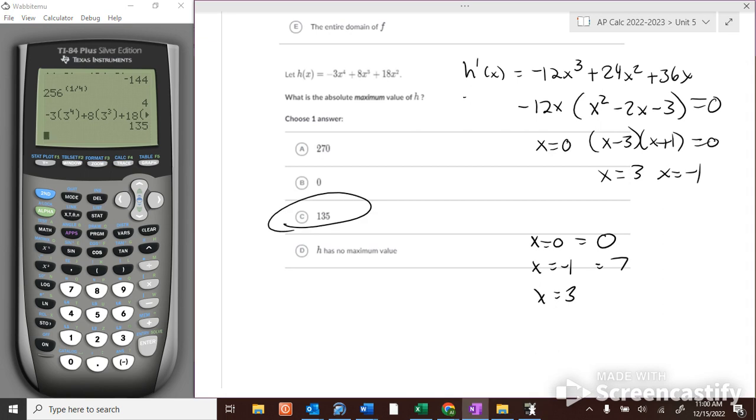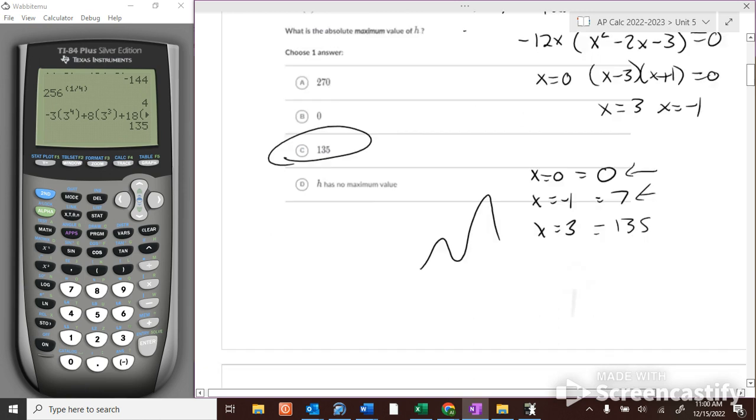There we go. That's the absolute maximum, because these are extrema. So the minimum, local max, probably there. It probably goes something like an upside down w. So there we go.